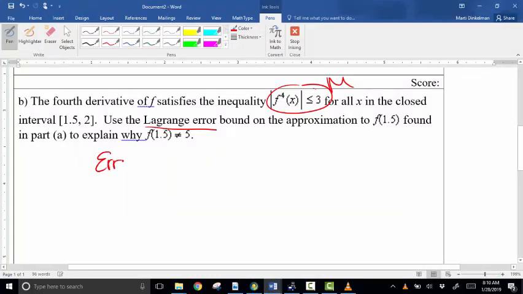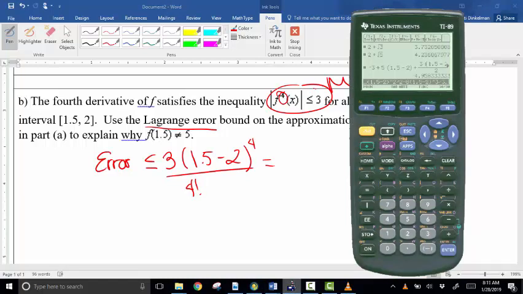So error is less than or equal to, so this M is 3, and then x minus c. And we went to the third degree, so this is all going to be fourth, and the other way to tell it's a 4 is just the fact that they gave me the fourth derivative anyhow. Okay, so that's going to be what I'm going to calculate.